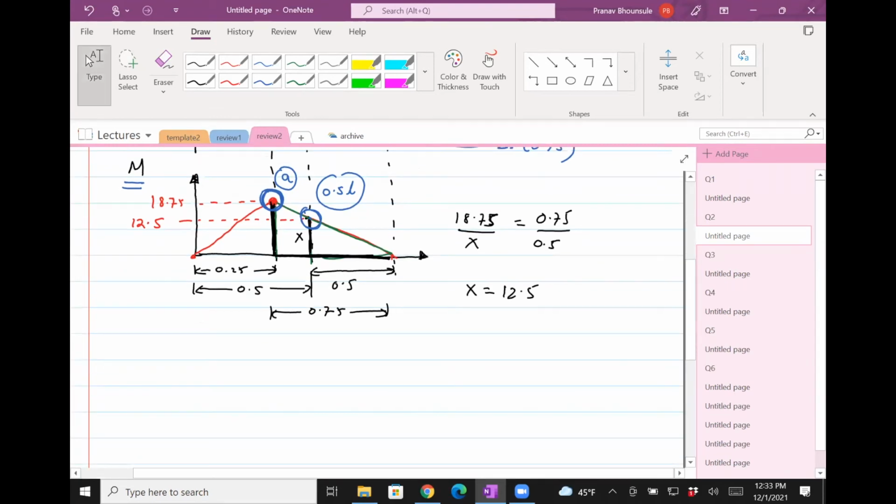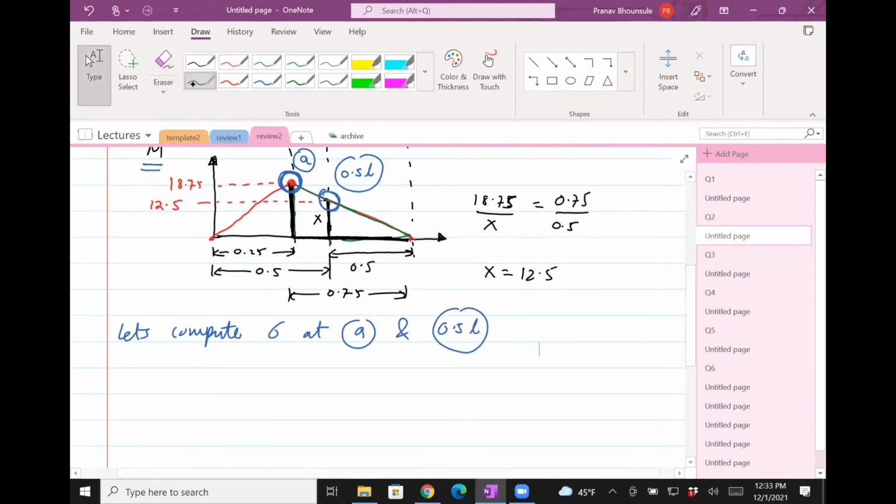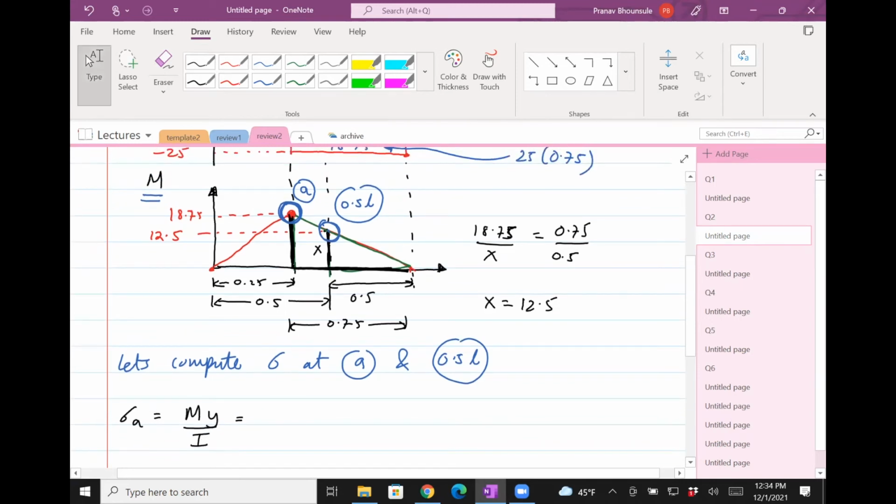So let's just do that. Let's compute sigma at A and 0.5L. And okay, let's do that. So the easier one is at A, right? Because it's simply sigma at A is M y divided by I. M is 18.75.